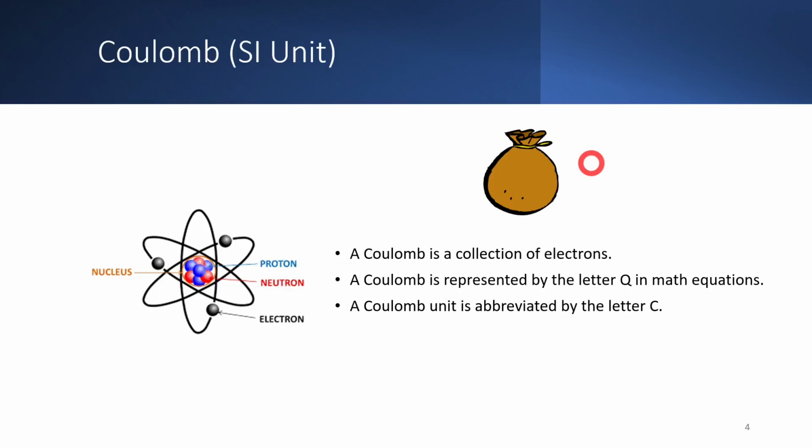For every quantity, we're actually going to have two letters. One is going to be the letter that it is represented by in formulas, and the other is going to be the units. And it's a way to denote the units from the quantity that the units are describing. Okay, so for a Coulomb, we have Q that we're going to use in math equations, and the letter C to denote the actual units of measure.